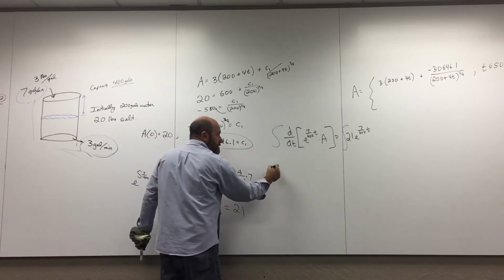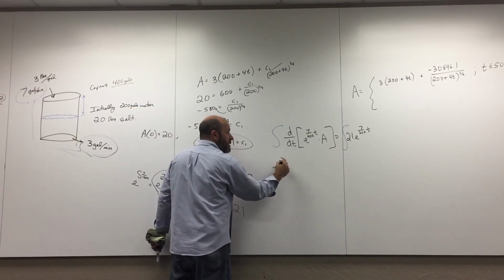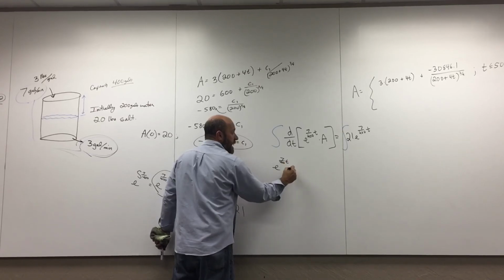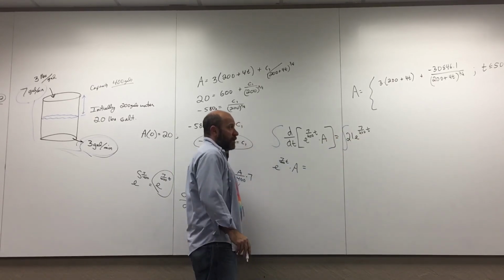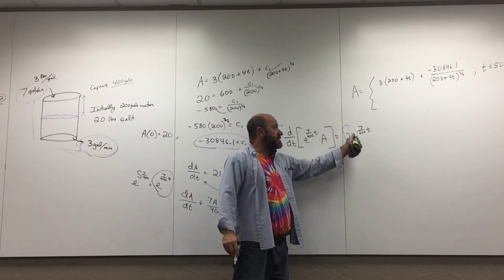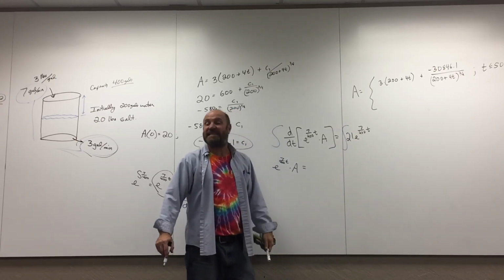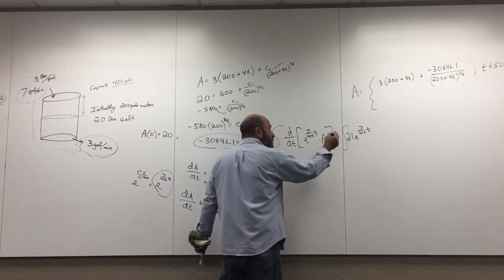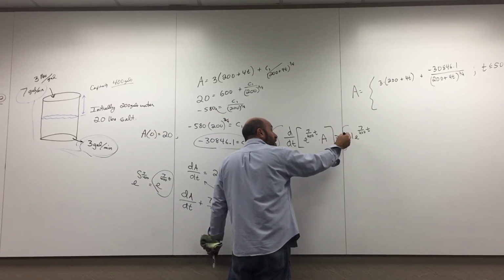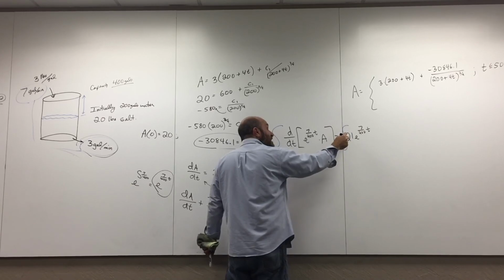On this side, it's e to the 7 over 400 t times capital A, and it equals the integral of that. You guys know when you integrate e to the 7/400ths t, it spits out 400 over 7. Times 21, it's 1200.